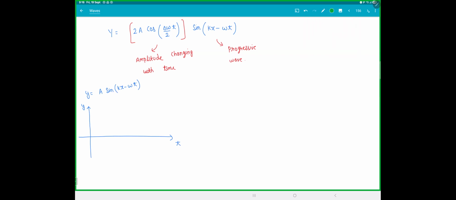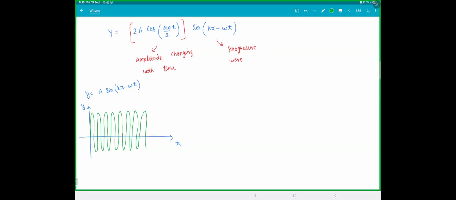So if you put x constant, it is a sine function. It's a high frequency, so the waves will be much closer. Something of this sort. So when you try to hear this sound, you know what you'll hear?